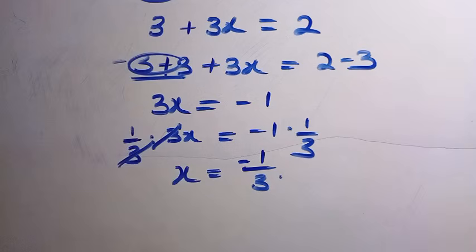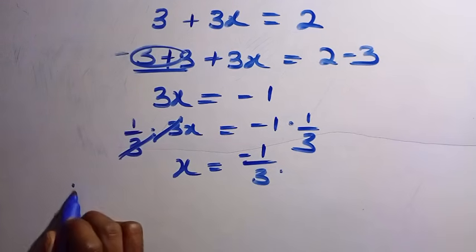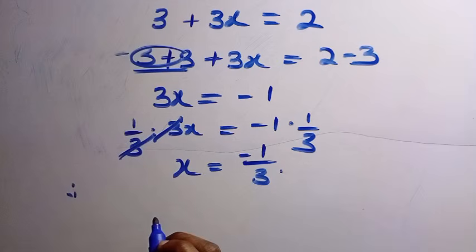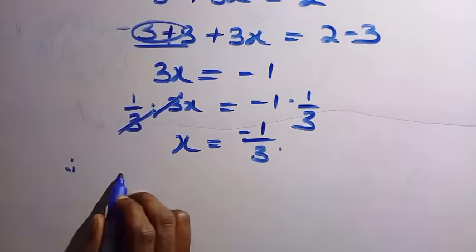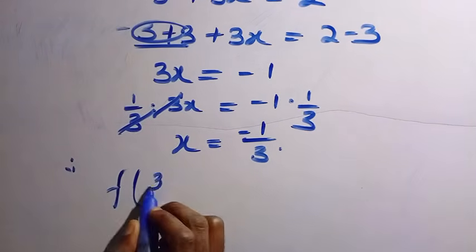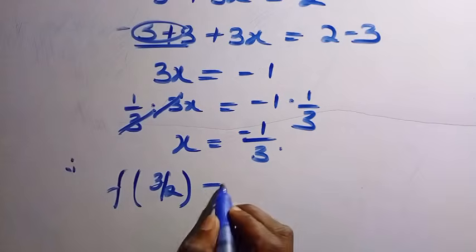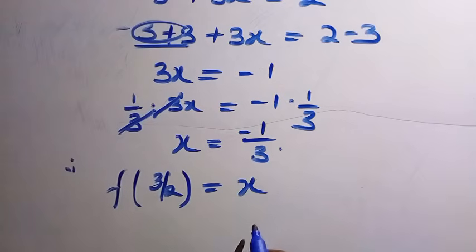But we have to resubstitute this back into the original question, since what we have is f of 1 divided by 1 plus x, which I replace 1 over 1 plus x with 3 over 2. And by just replacing it at this point, we have f of 3 over 2 equals x.